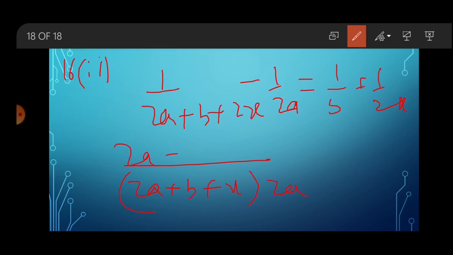So 2a minus b minus 2x is equal to b into 2x will be the LCM, so we will have 2x plus b. Now you can see that this 2a and this 2a will be cancelled. How all these calculations are happening, you have to understand by yourself.